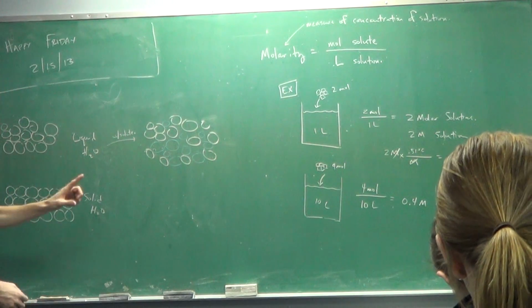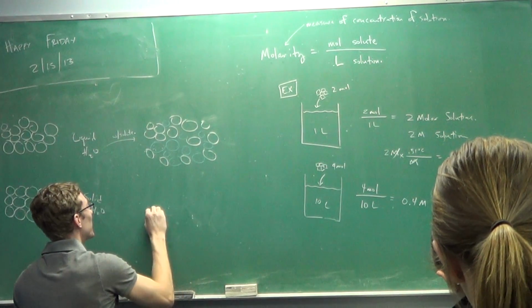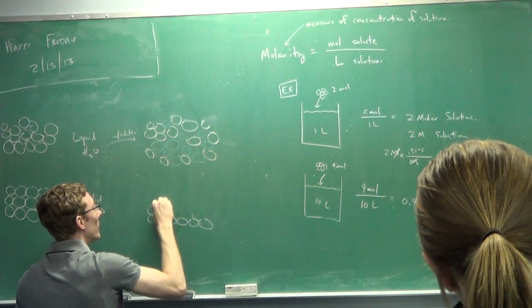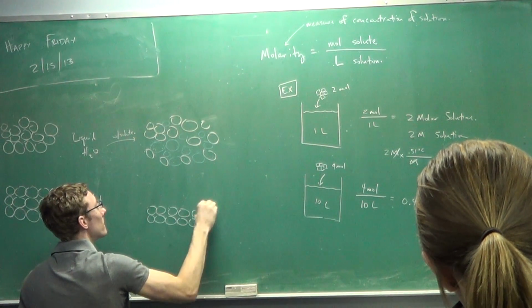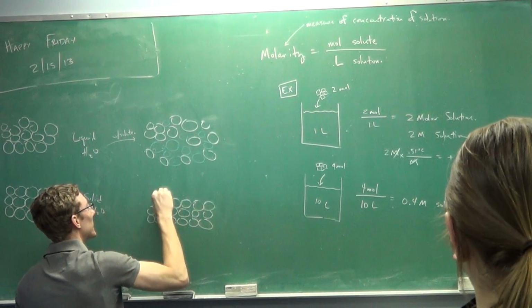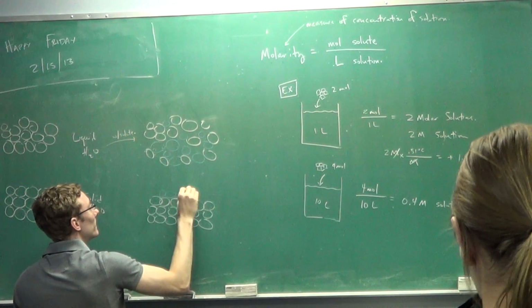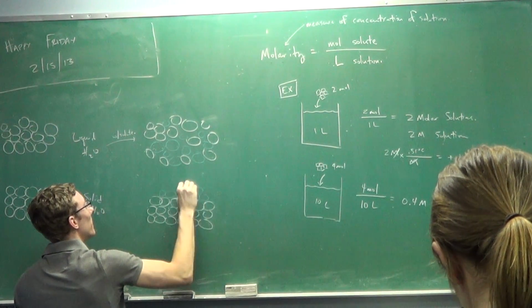Because if I want solid water, I'm going to have to get my water particles settled down to where they freeze and form that solid, and then I'm just going to have my solute particles sitting up here separate from them.